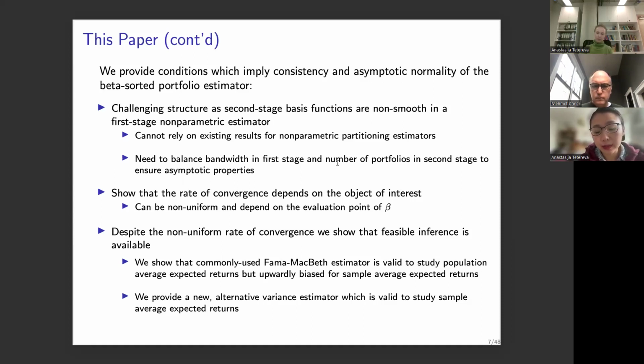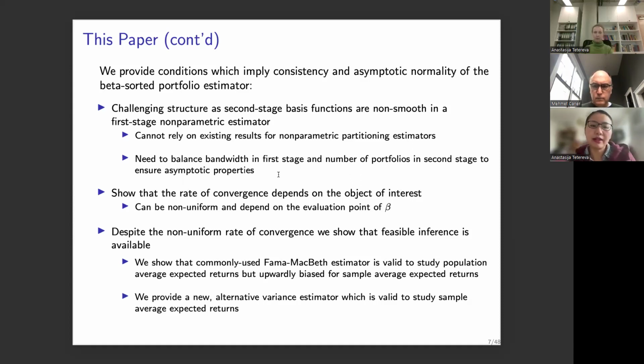And in the second step, we need to decide on the optimal number of portfolios to choose. In econometrics language, it's the number of sieve dimensions. So we need to balance between these two tuning parameters in the first step and the second step.